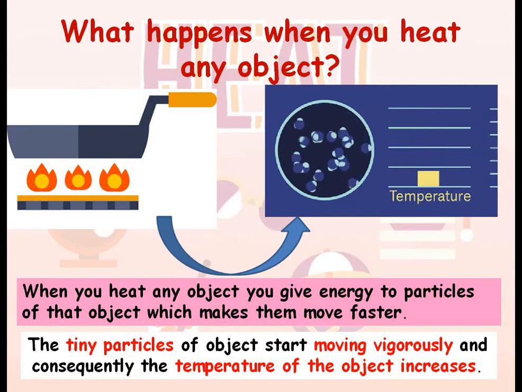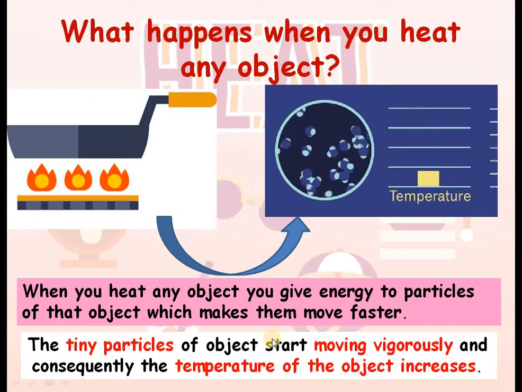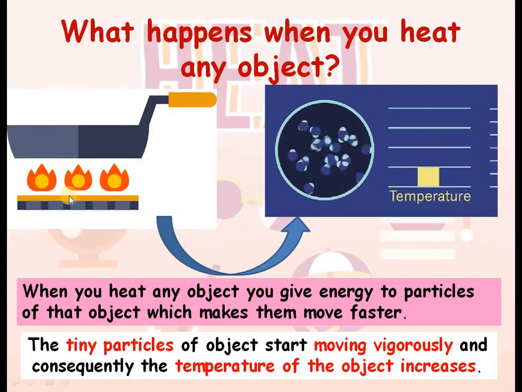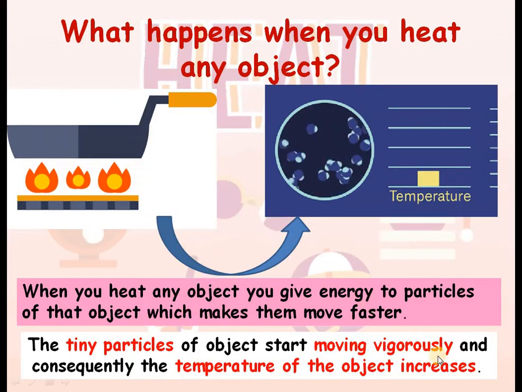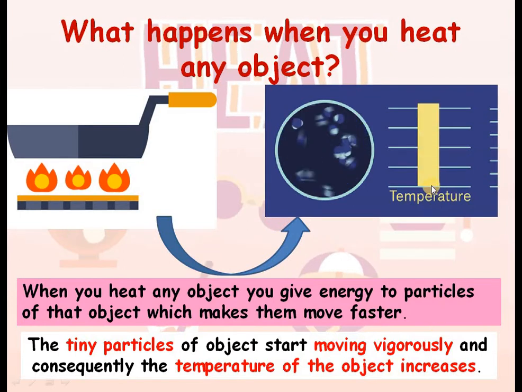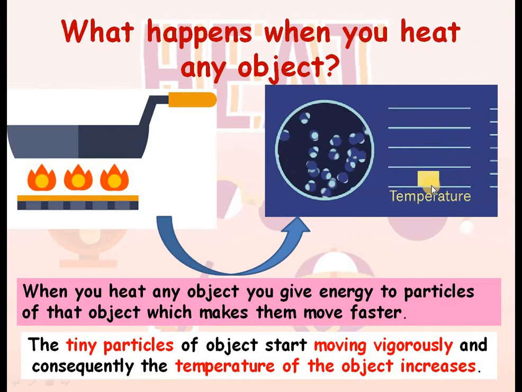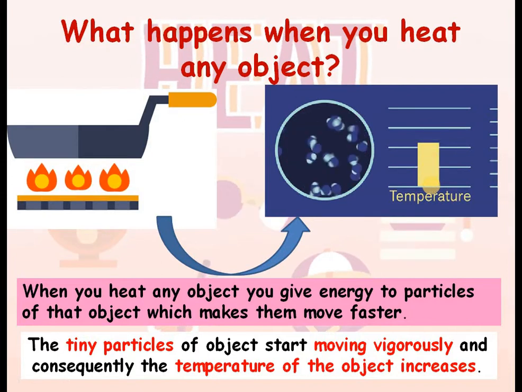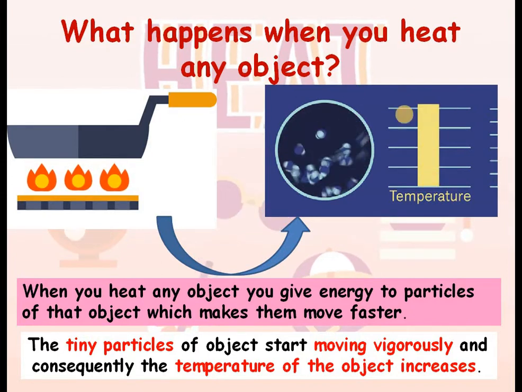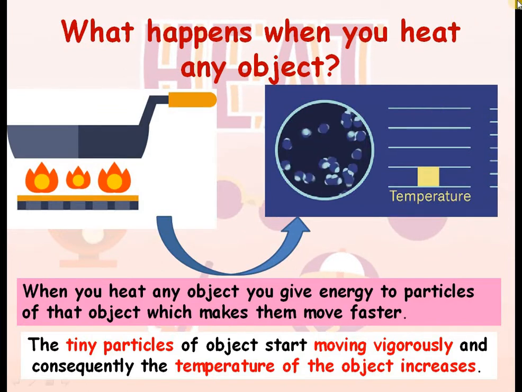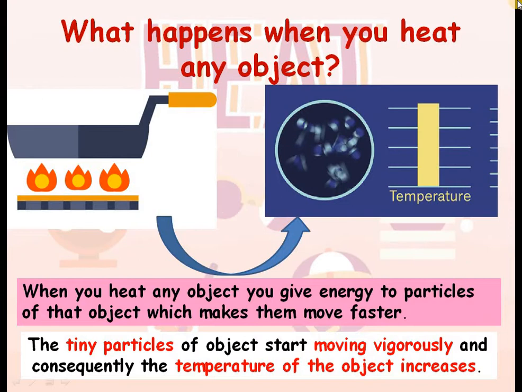The tiny particles of objects start moving vigorously, and as a result, the temperature of the object, like here the frying pan, increases. As you can see here, as the temperature is increasing, the motion of particles is also increasing. But as the temperature is decreasing, so is the motion of particles.